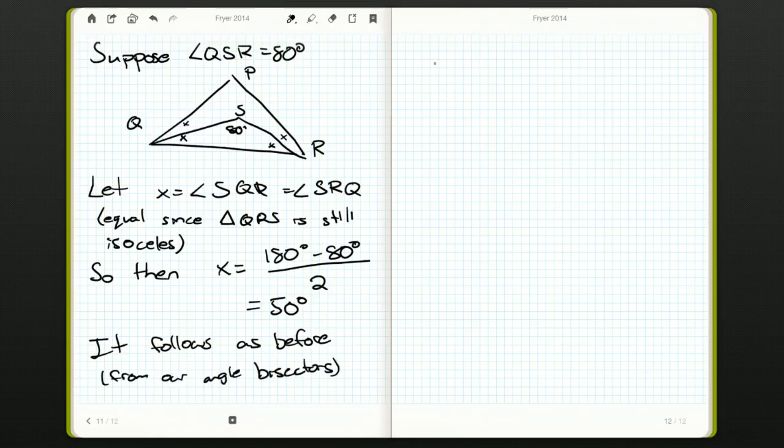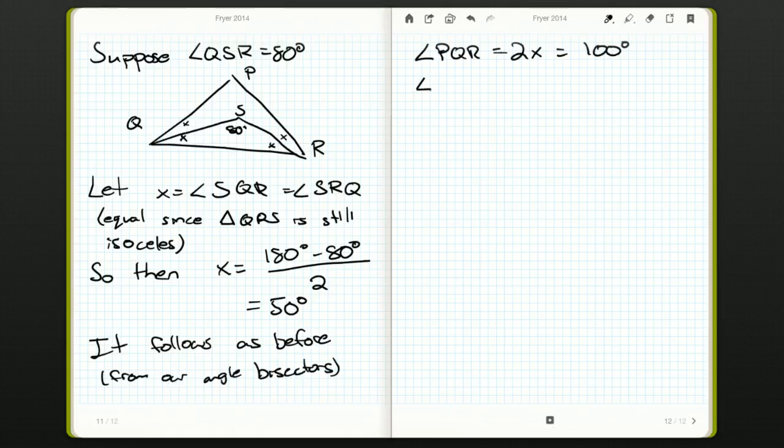So just as before, we can figure out angle PQR. It's going to be twice x, so that's going to be 100 degrees. And angle PRQ is 2x, and that'll be 100 degrees.